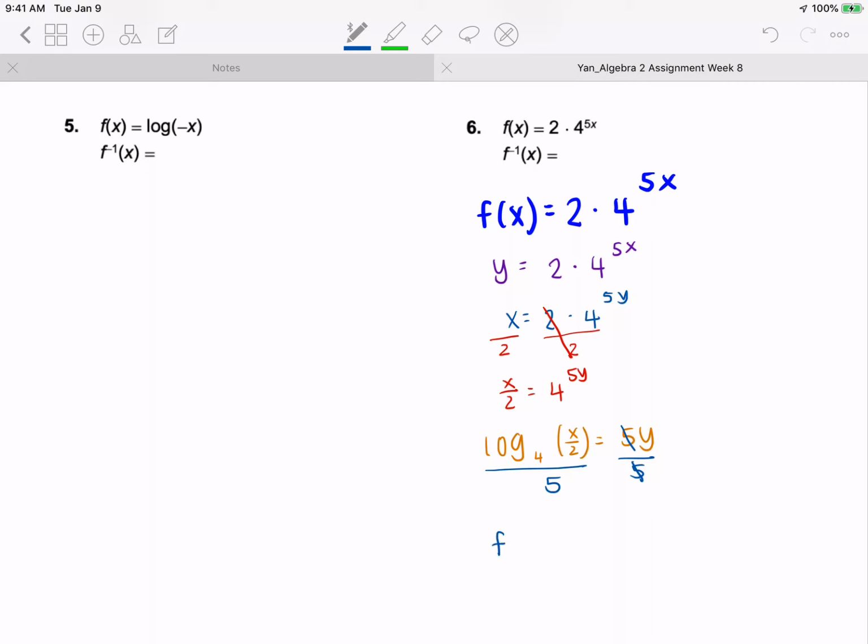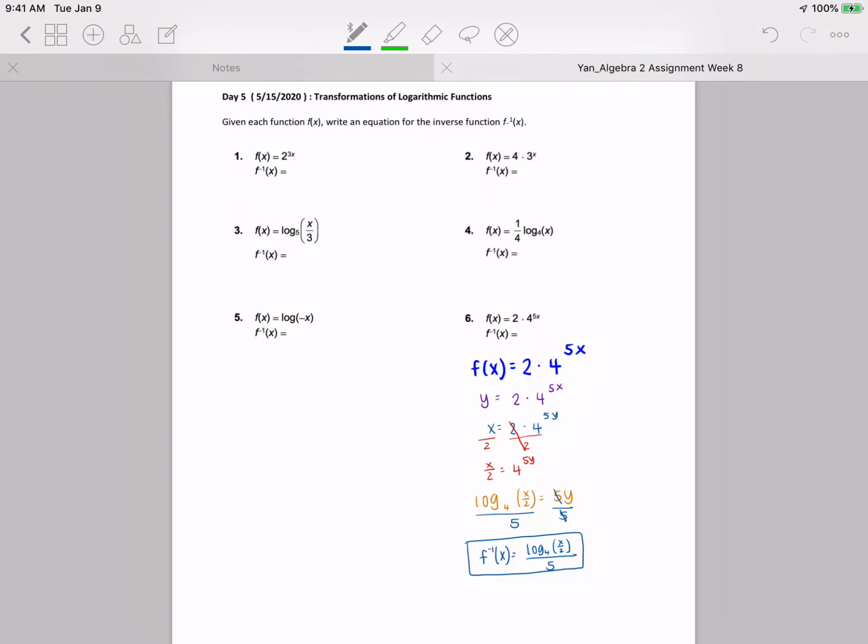Okay, so it will be f inverse of x equals log base 4 of x over 2, all over 5. And that's it.